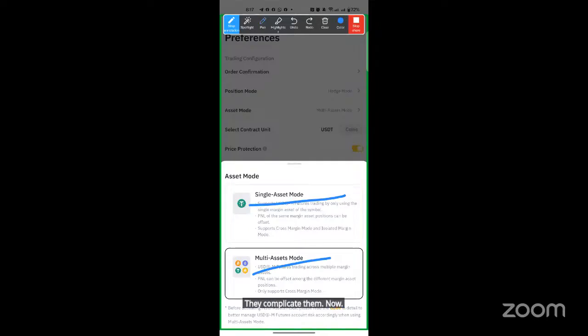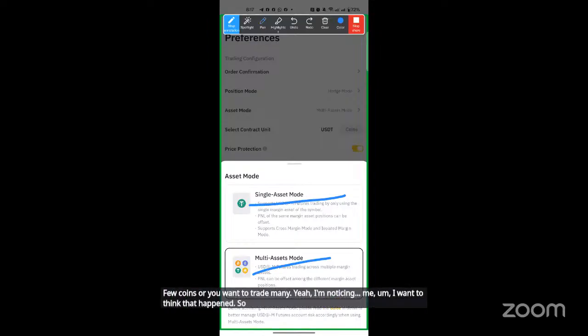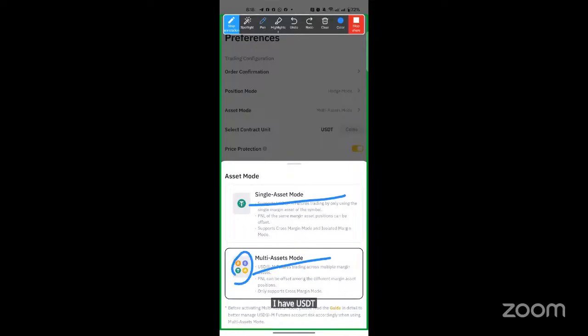Now, question: do you want to trade few coins or do you want to trade many? I want to go multiple. I want many. I have USDT, Tether, BNB, but here it is only USDT. Do you see why I choose multiple?